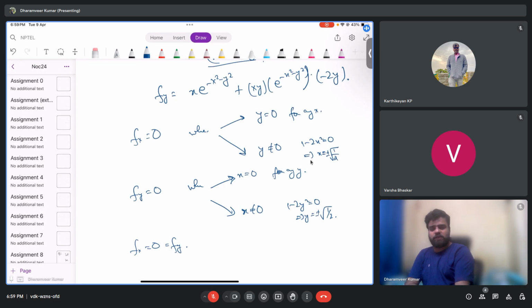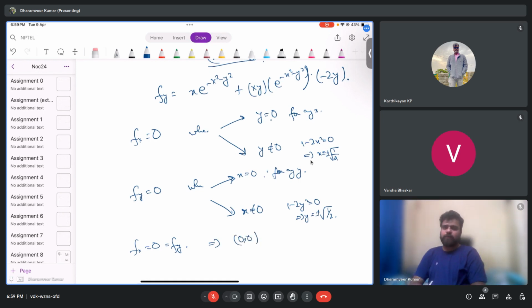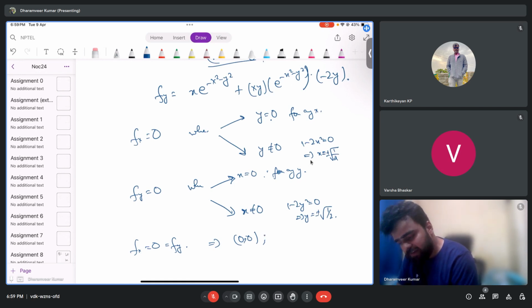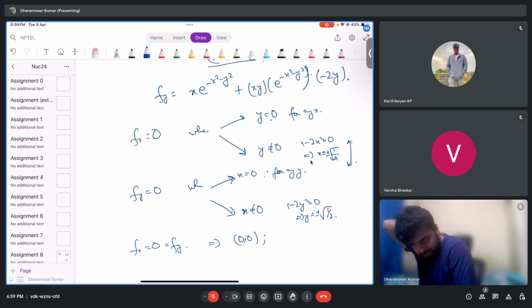When y is equal to 0, only this coincides. That implies 0 comma 0. That's it. And then in another case, let's say y not equal to 0, but x is this. What about this case? Not possible, right? So only these pairs.